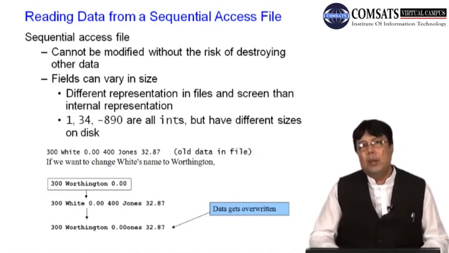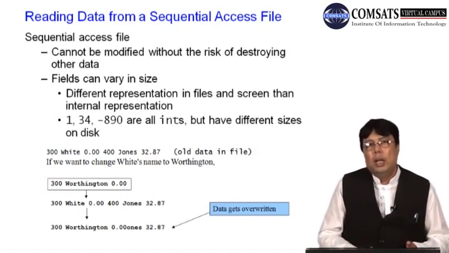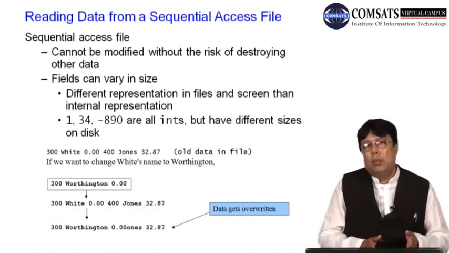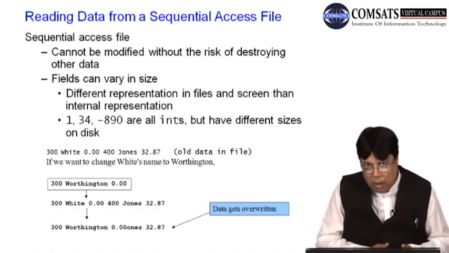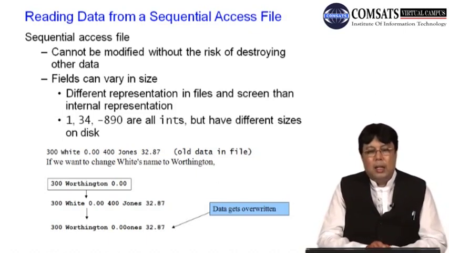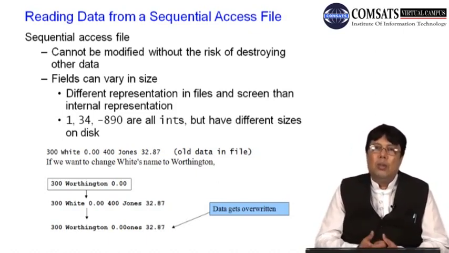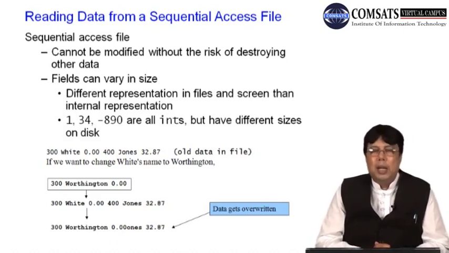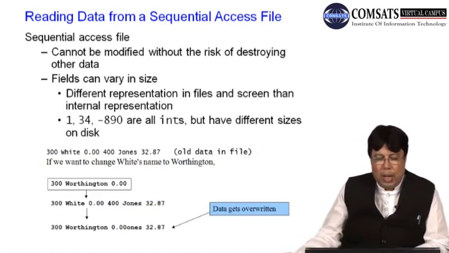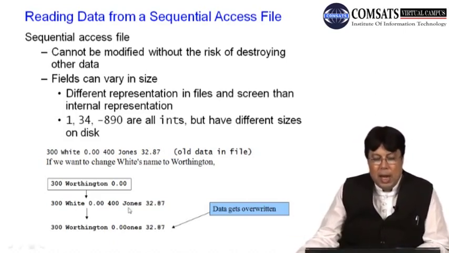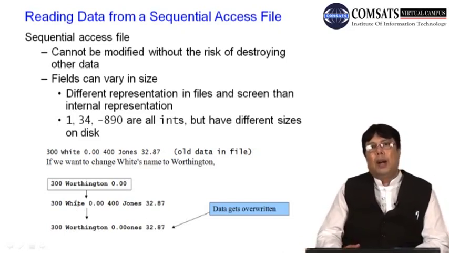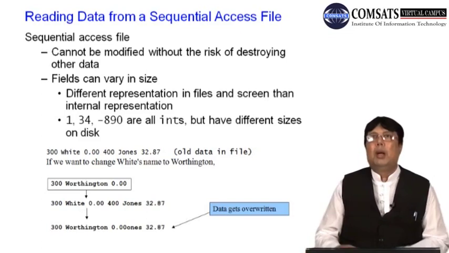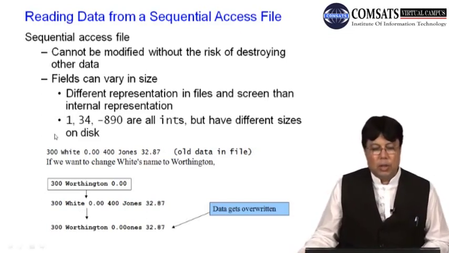And if you have a stream of bytes, then you don't know how many bytes have been occupied by that particular record. So if you want to update a sequential file, you can only append. You may keep this record temporarily and add a new record at the end of that file. So append is possible, but don't overwrite, as it will destroy the data.